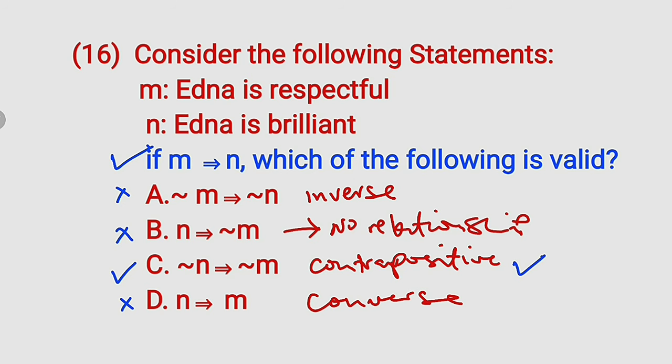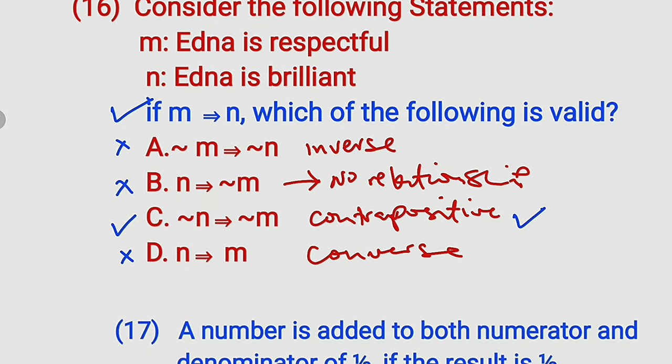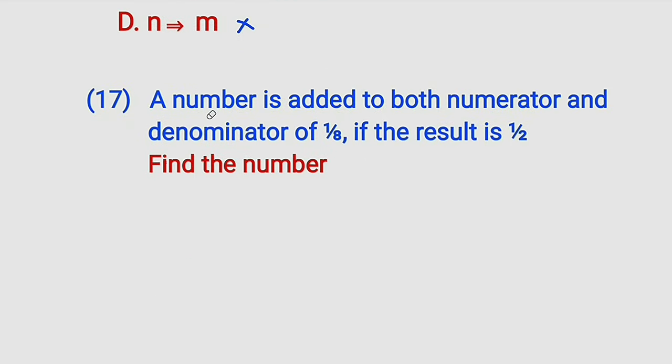Now let us move on to question number 17. Question number 17 reads, a number is added to both a numerator and denominator of the fraction 1 over 8. If the result is 1 over 2, we are asked to find the number added. So I would like to declare the number with x.